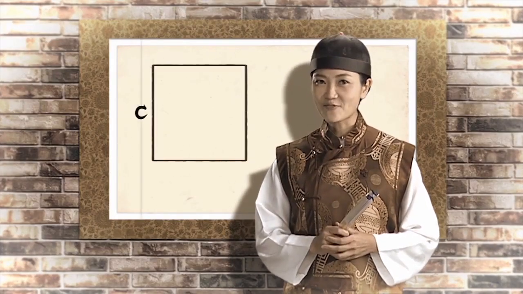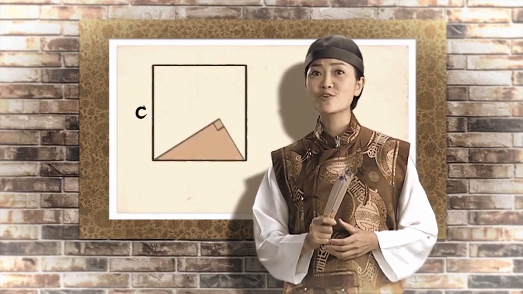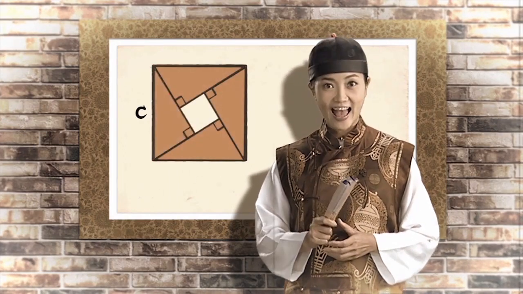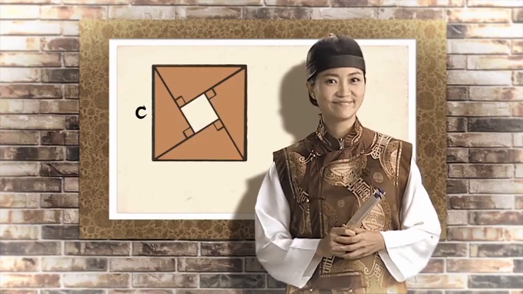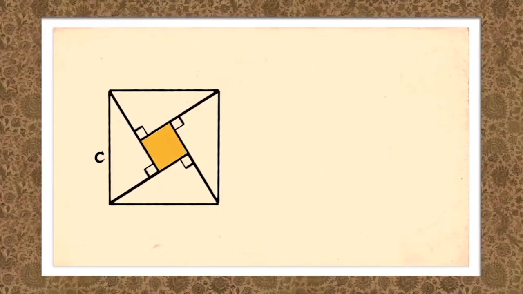The square with the length of hypotenuse C is composed of 4 same-sized right-angled triangles and the square with the length of A minus B. Then the area of the square with the length of C equals C squared.